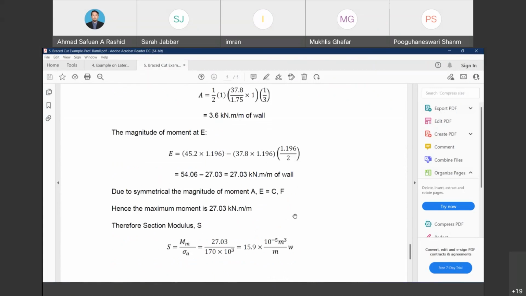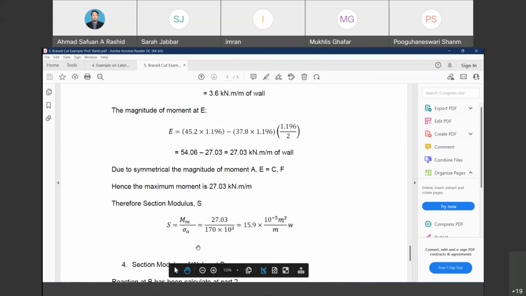Therefore the section modulus is equal to the maximum moment over the allowable stress of the steel material, which is 170 times 10 to the power of 3. So this is the section modulus calculation.